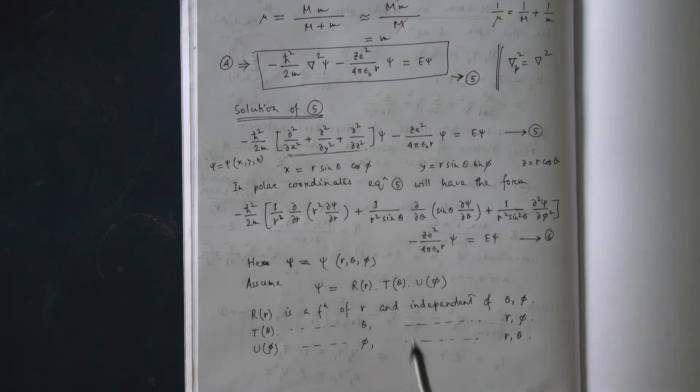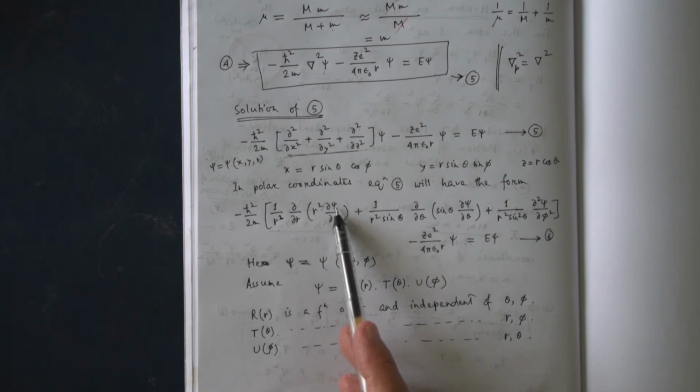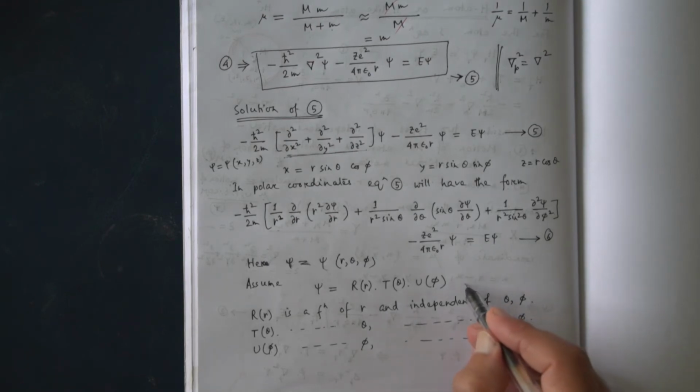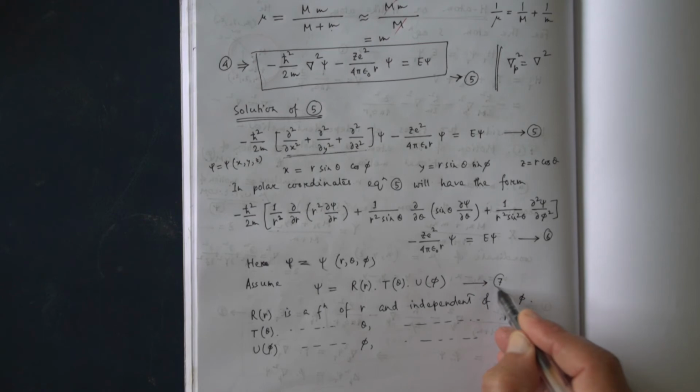That means in order to divide this equation into three parts, we first express the function as a product of three independent functions. Okay, we first do that. Now say this is the assumption 7.